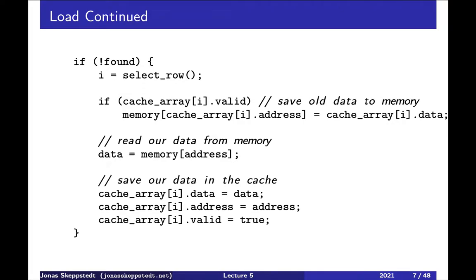So we copy it back to be safe. Okay, so then we read from memory. What we can see here is that memory is just an array, and it's indexed by this address that the CPU wanted to have. And then we store the data in the cache.